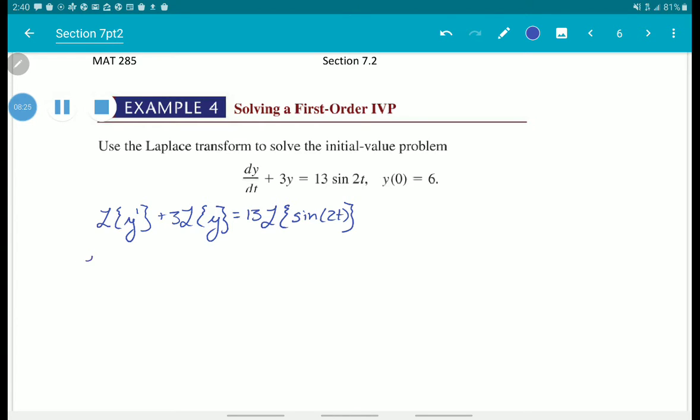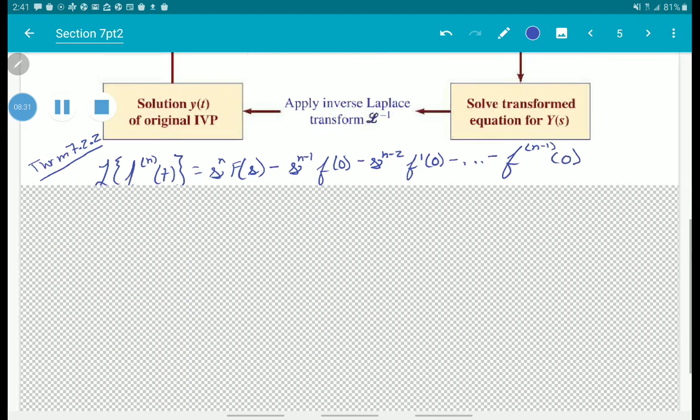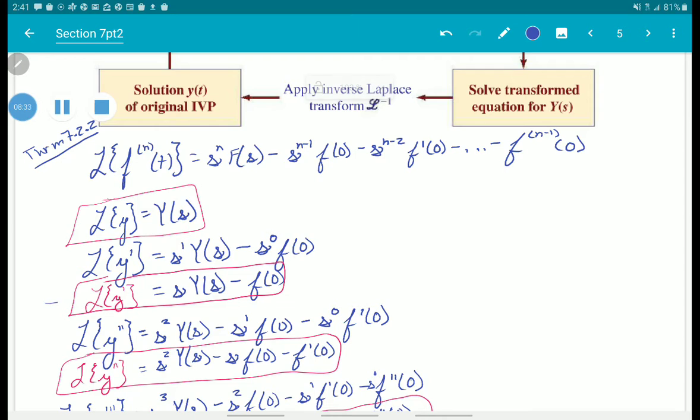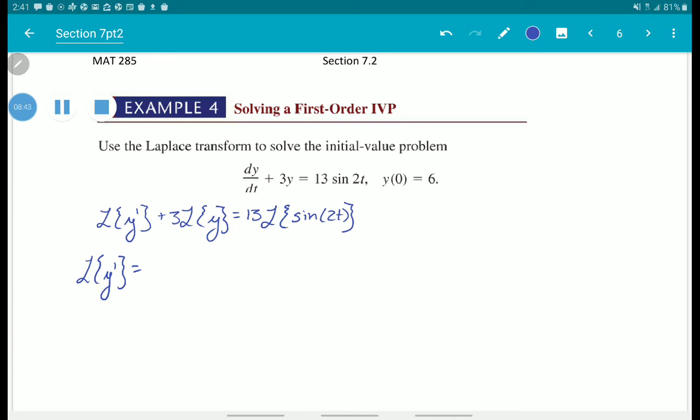So I'm just going to write this out. When we take the Laplace of y prime, we derived that on the last page using that formula. There's our Laplace of y prime. It's going to be s times Y of s minus f of 0. Now, in this case, y of 0 is 6.